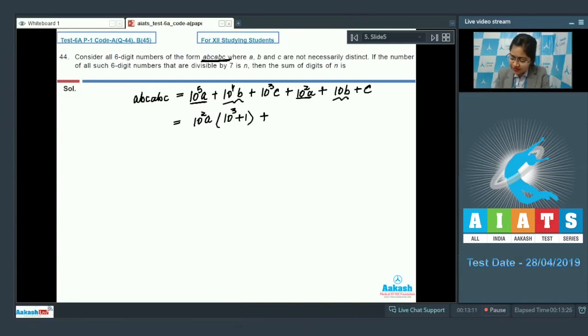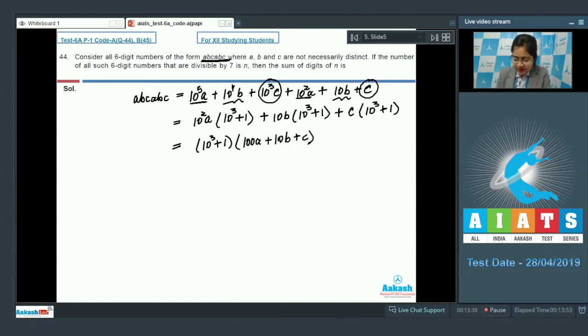Similarly, from these two terms, taking 10B common, we get 10 raised to the power 3 plus 1. Similarly, taking C common, we get 10 raised to the power 3 plus 1. So 10 raised to the power 3 plus 1 can be taken common from all, and we are left with 100A plus 10B plus C.